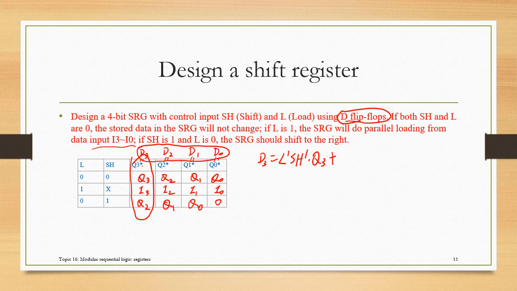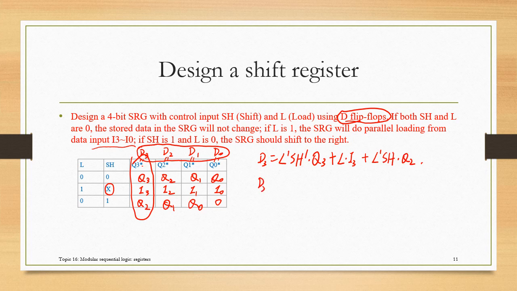Then if L equals 1, since SH is don't care, we don't need to use it. So L equals 1, then D3 should equal I3. Finally, if L is 0 and SH is 1, then we get Q2.